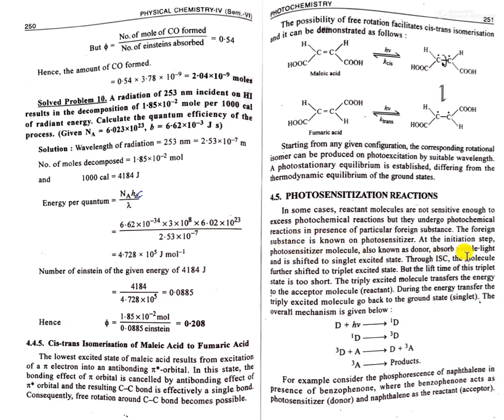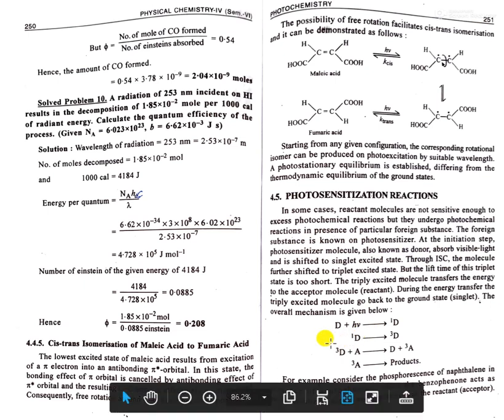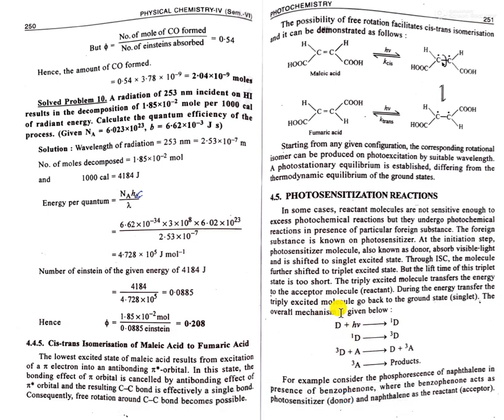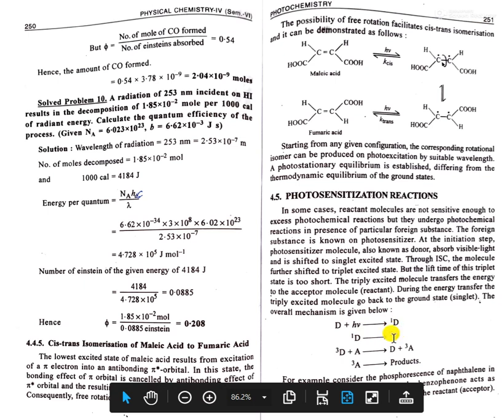It absorbs the UV light and is converted to a singlet excited state. This is represented as capital D for donor. The photosensitizer molecule absorbs a photon and gets converted to a singlet excited state. The singlet excited state is then converted to a triplet state, that is the D3 state.